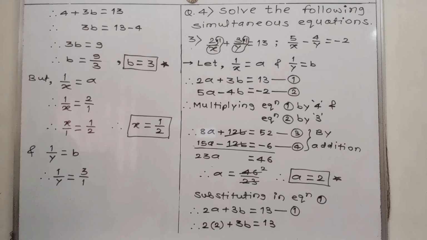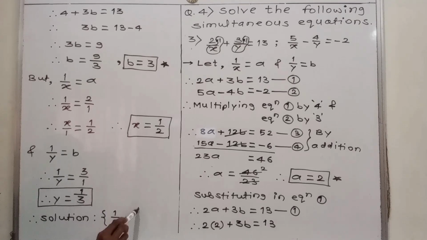But we write 3 upon 1 because this is a fraction, so we write this also as a fraction. Therefore, y is equal to 1 upon 3. Did you get it? Therefore, the solution is x is 1 upon 2 and y is 1 upon 3.